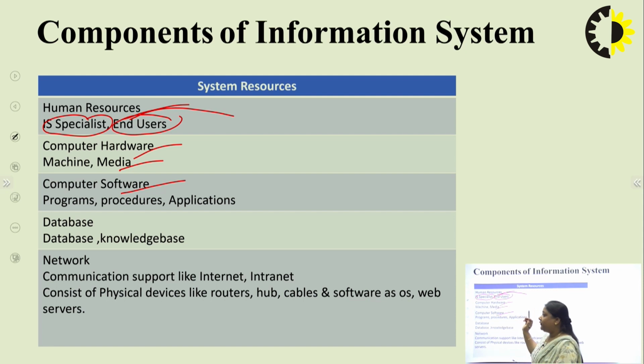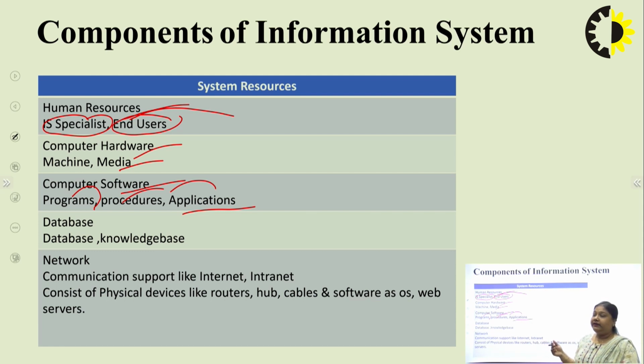What type of software? We can have system software, we can have application software. Software consists of programs, procedures, applications. These all are the software that we have installed in our mobile, in our system.